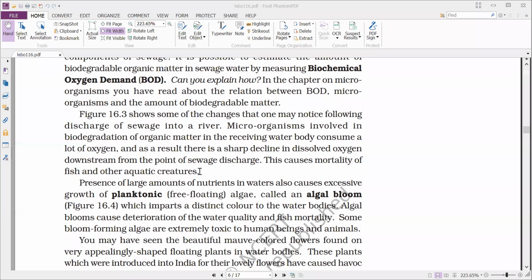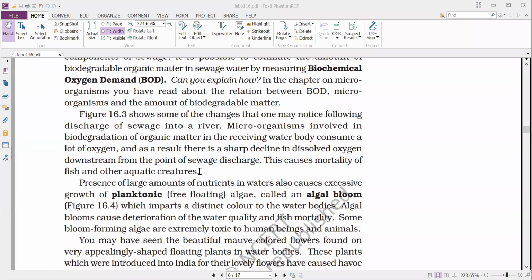Because of this increased BOD and less dissolved oxygen, it is leading to the death of fish and other aquatic organisms, further deteriorating the water and causing higher water pollution.